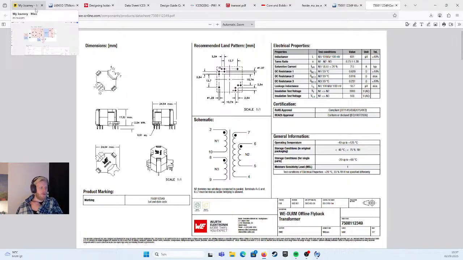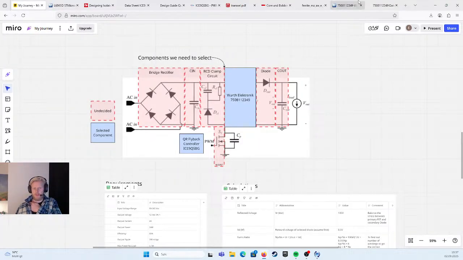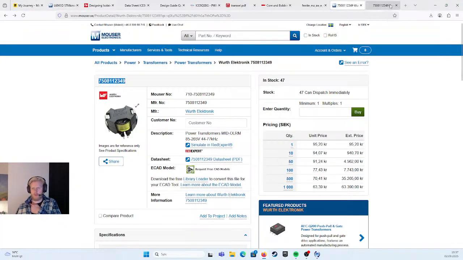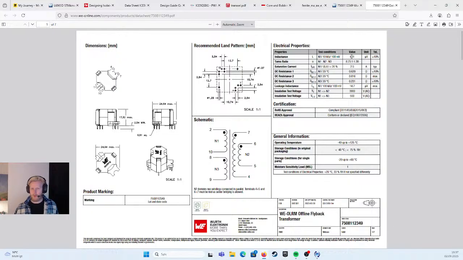And then maybe we should redo the calculations a little bit based off of that. So, for example, let's talk about the inductance first. It has a value of 681 microhenry, which is test conditions N1 over 10 kilohertz.